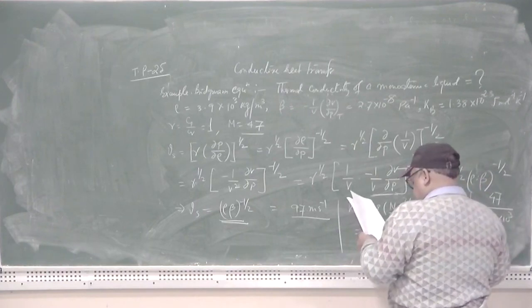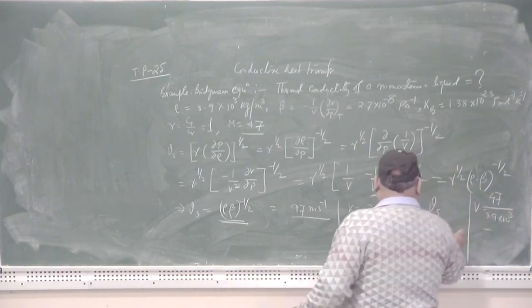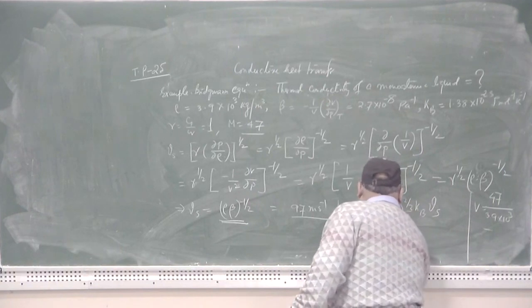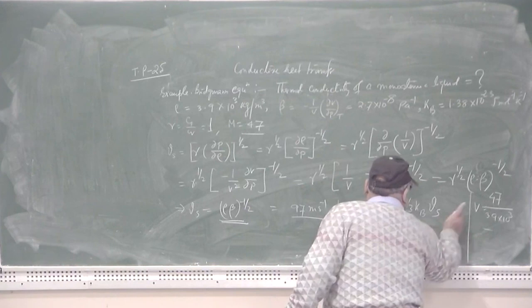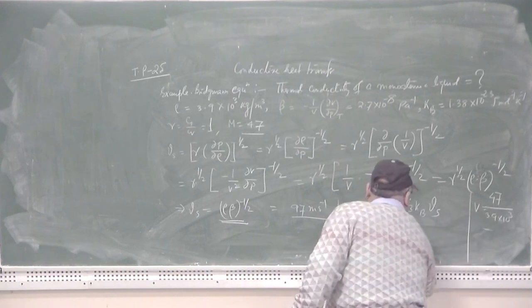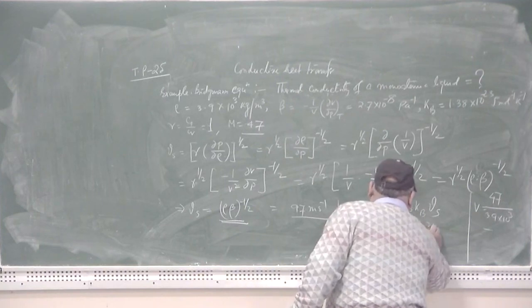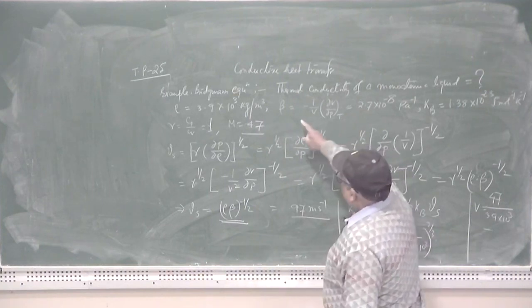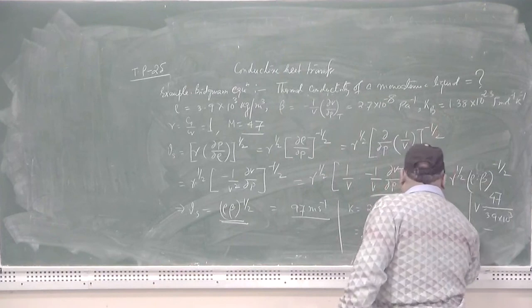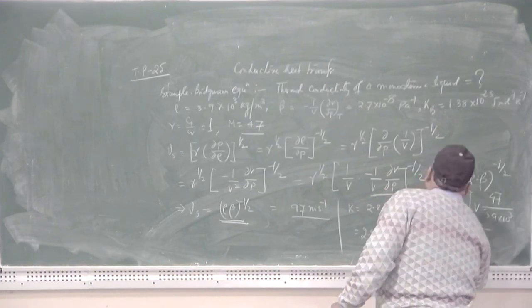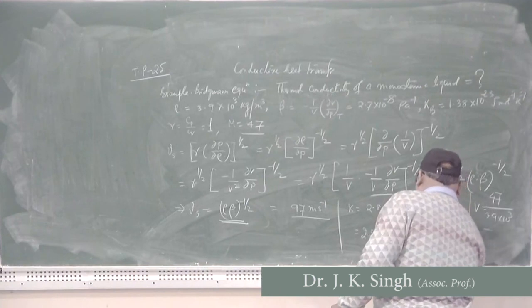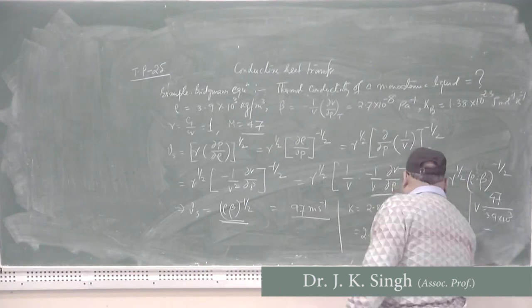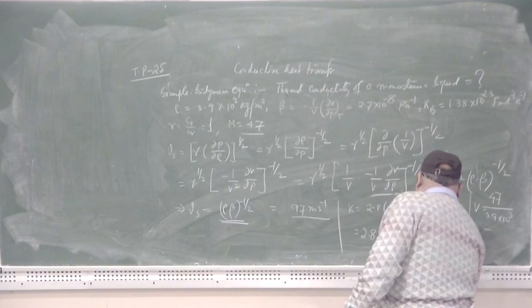N is 6.023 into 10 raised to the power 23, divided by V, which has the value 47 divided by 3.9 into 10 raised to the power 3, all raised to 2 by 3. The value of Kb is 1.38 into 10 raised to the power minus 23, and the velocity of sound is what you have obtained, that is 97 meters per second.